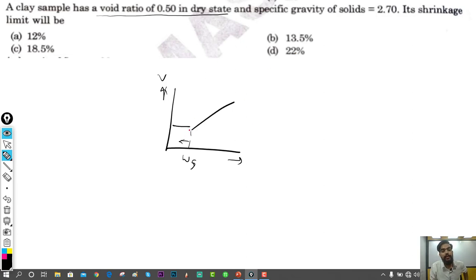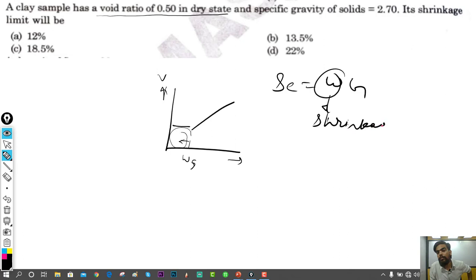So we can say that if our soil is completely dry, the voids that were filled with water are now filled with air. Here we can say that Se equals wG, and W here represents the shrinkage limit of this soil.